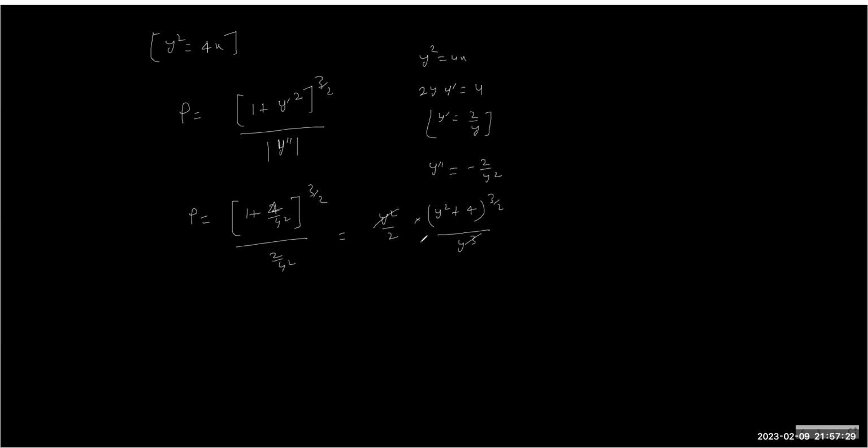Yes. So it is y square plus 4 power 3 by 2. Sir, y double prime should be minus 2 by y square dy by dx, right? Yeah, correct, which is y dash. So y square into y dash is how much? 2 by y. So it is 4 by y cube already. Yeah, that's correct. So now this term will become how much?